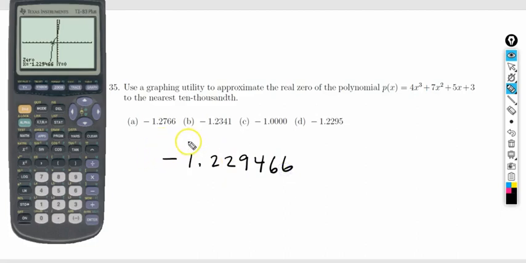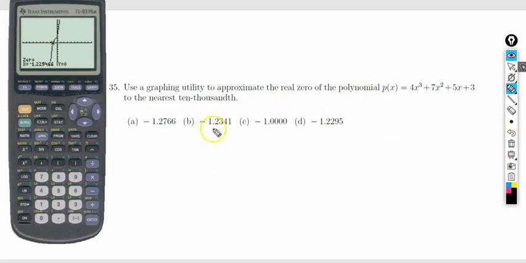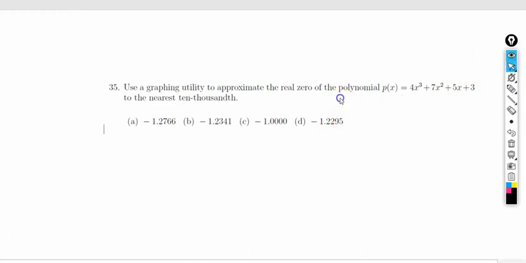Now they're taking everything to 4 places. 1, 2, 3, 4. So that's how you use your calculator to find that. And the only way you're going to get it is from your calculator. It's not at all obvious between those which one it's going to be.